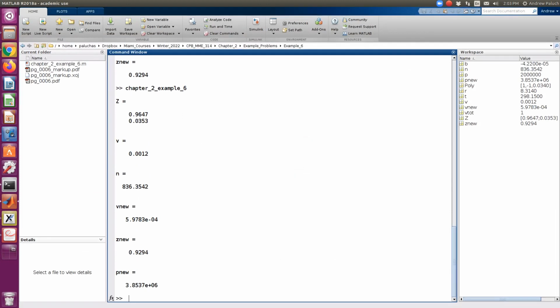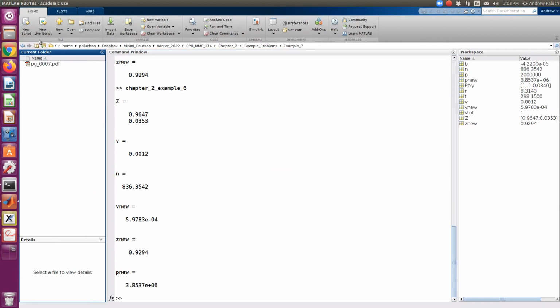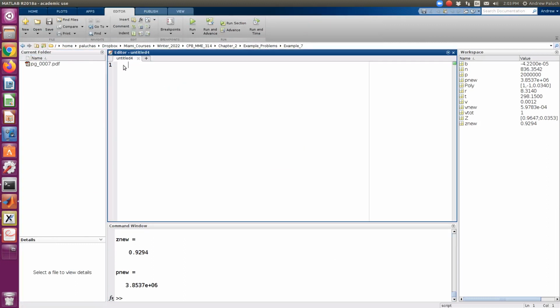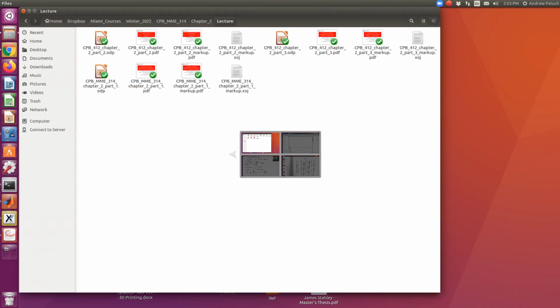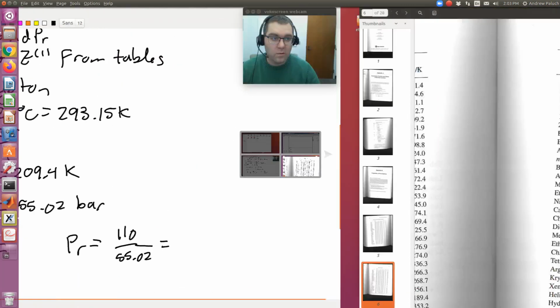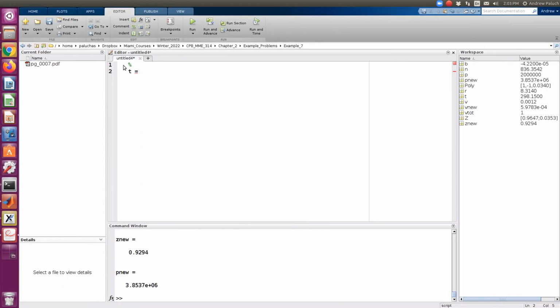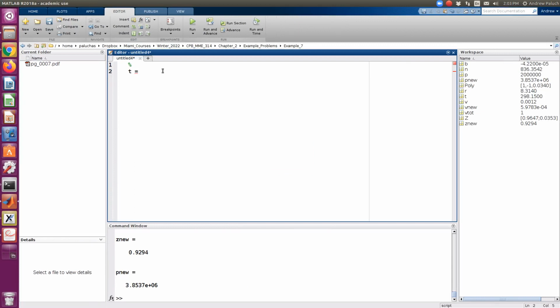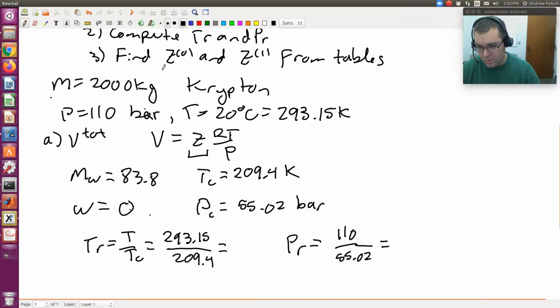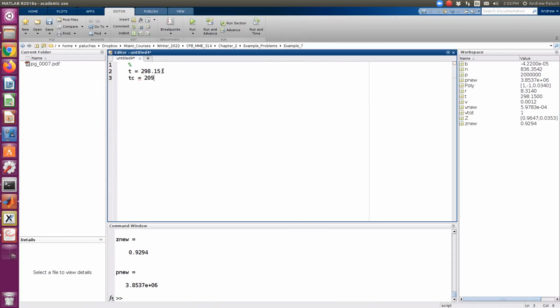Let's get a new MATLAB script set up so I can save this and share it with you. Our temperature, let's just put it in as 293.15 Kelvin. My critical temperature was 209.4.